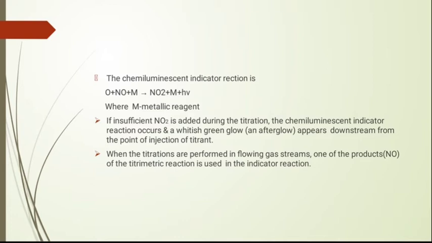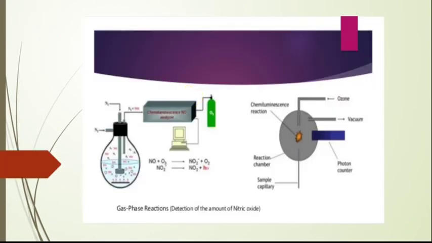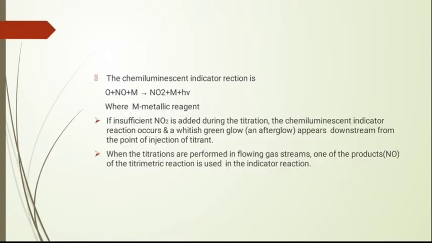Initially we have taken oxygen. When NO2 is added into the oxygen, during that titration the chemiluminescent indicator reaction occurs and a whitish green glow, also called an afterglow, meaning the light is emitted after the reaction, appears downstream from the point of injection of the titrant.